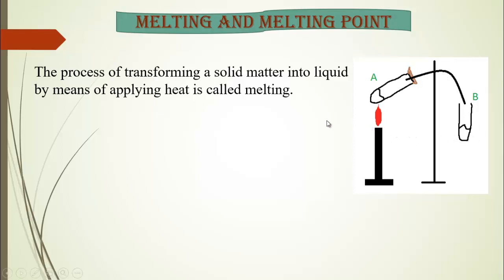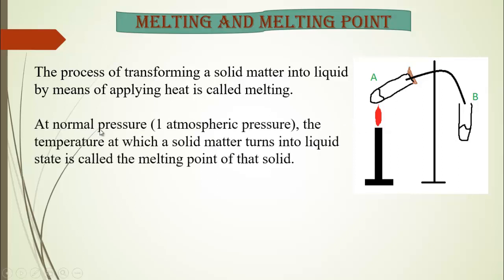So this conversion, that means from solid to liquid due to applying heat, is known as melting. And at normal pressure, that is 1 atmospheric pressure, the temperature at which a solid matter turns into liquid state is called the melting point of that solid.